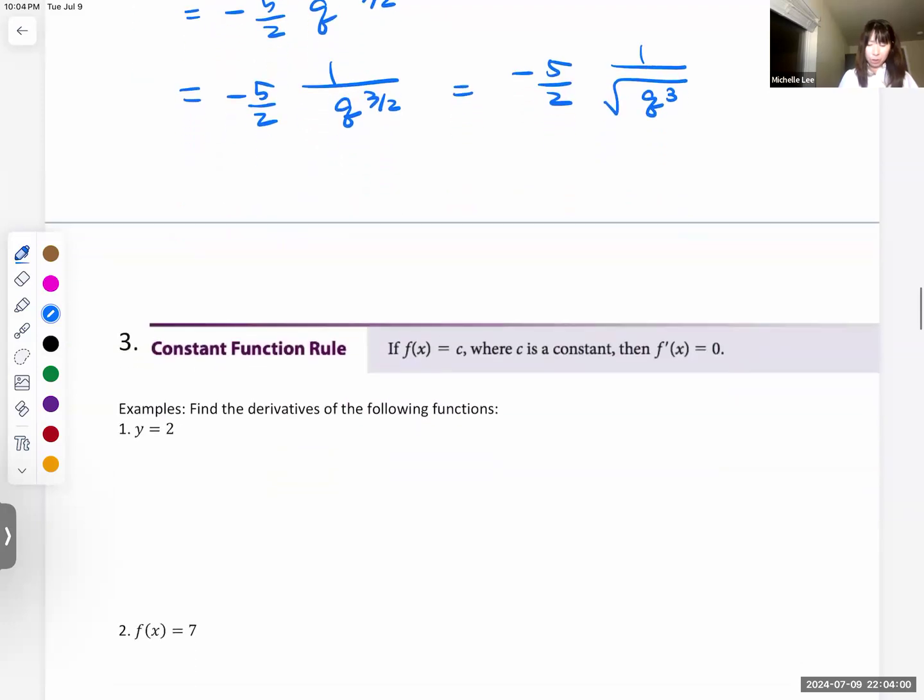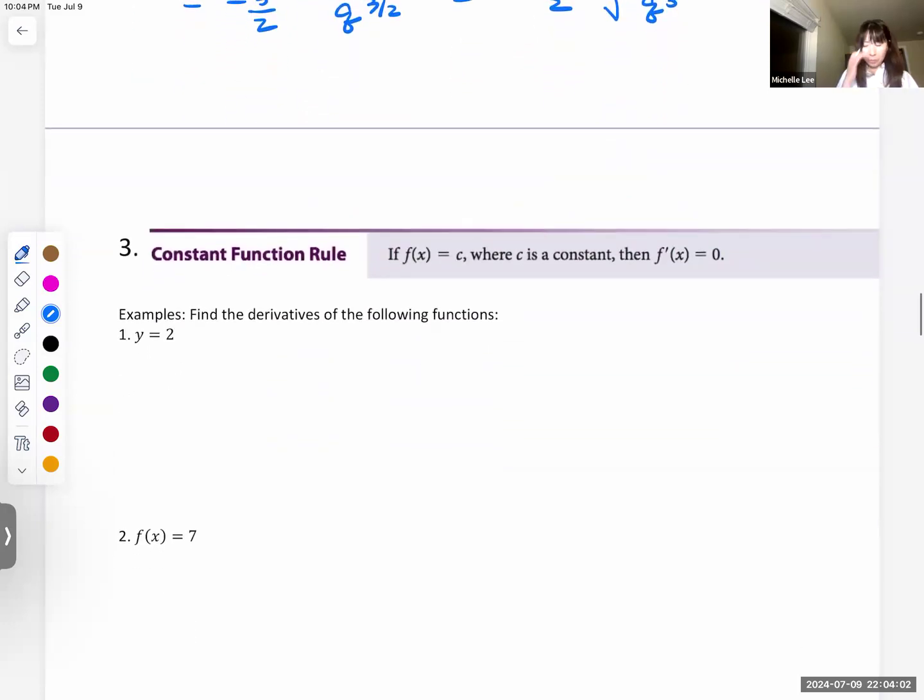Okay, now, constant rule. If we have a constant, that's 0. Okay, y equals 2. So y prime, the constant itself. Think about the constant rule, the constant by itself.